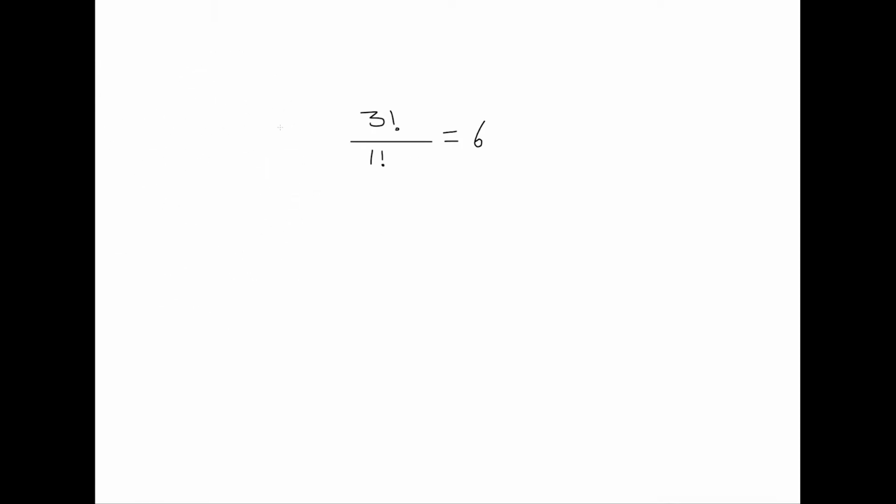All right. So those are what combinations are. Now let's talk about how we can calculate combinations. Well, it turns out we can actually get the number of combinations by dividing the number of permutations by x factorial, where x is the number of positions.